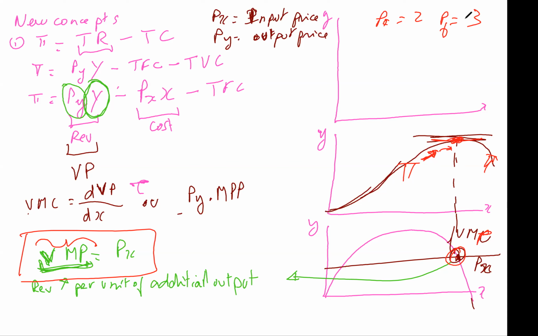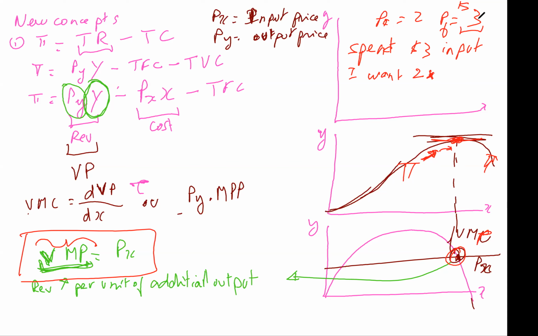So what I'm looking at is, if I spend $3 in input, I want the price of output, which is 2, times the additional output that I get from spending more $3.